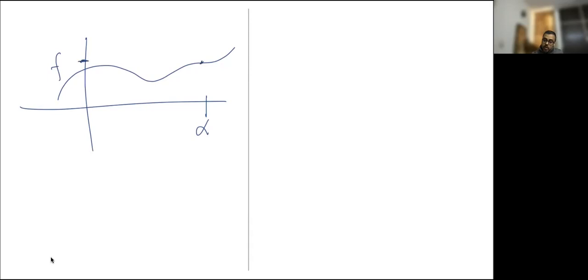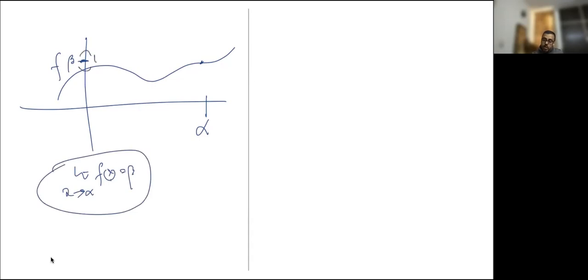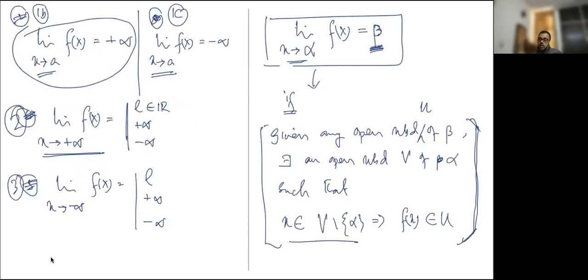And then you say that limit of f(x) as x goes to alpha is beta when this happens, when given any U around beta, you are able to choose a V around alpha such that whenever you stay inside this interval, leaving out the point alpha itself, the function values remain here. So that's the general definition which would apply to all these 9 separate cases.